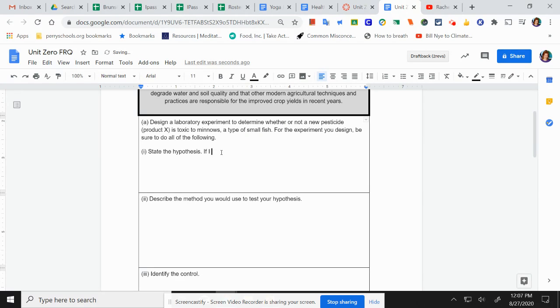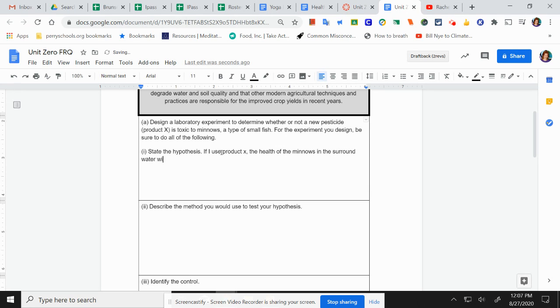So I'm going to say if I use product X, then the health of the minnows in the surrounding water will be negatively affected.